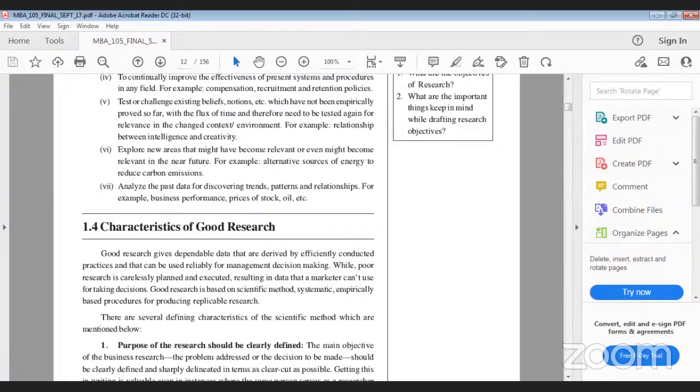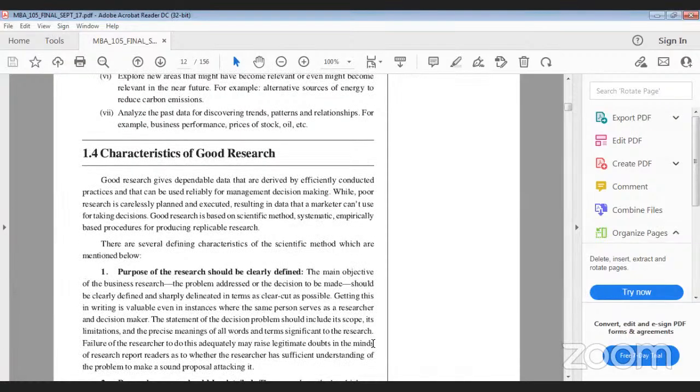Good research depends on dependable data that are derived by efficiently conducted practice and that can be used reliably for management decision making. There are several defining aspects of this systematic method which are mentioned below. First, the purpose of the research should be clearly defined.